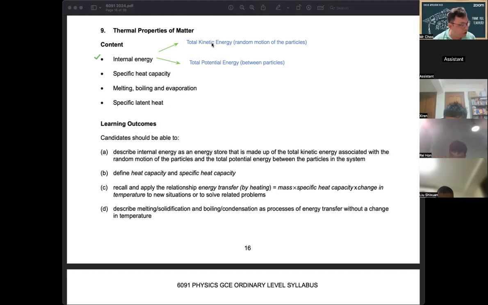And then the potential energy is due to the forces between the particles. We have learned that in the chapter on the kinetic particle model.